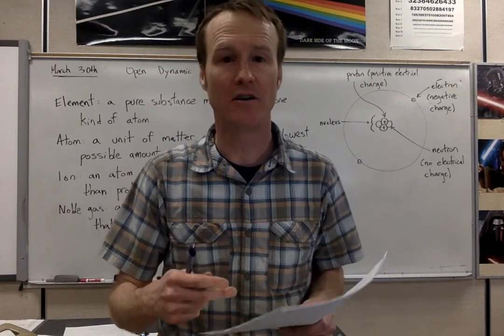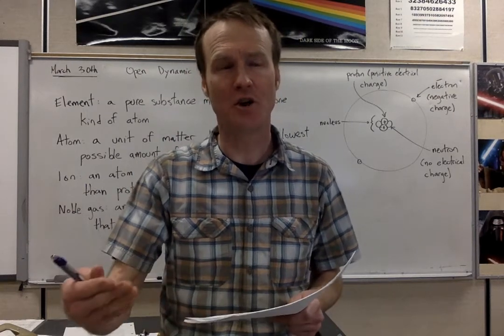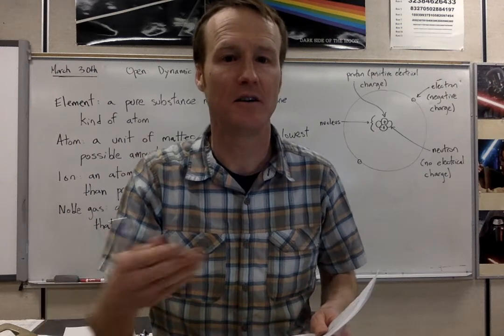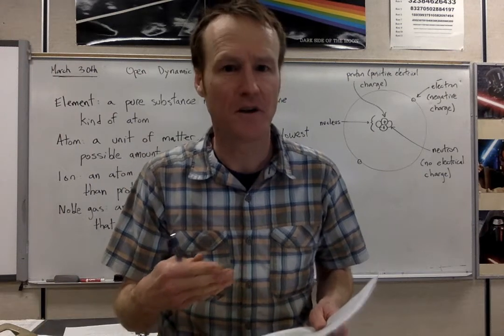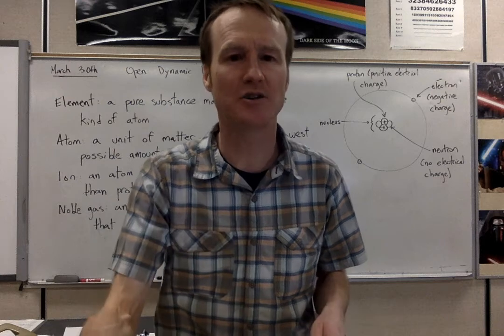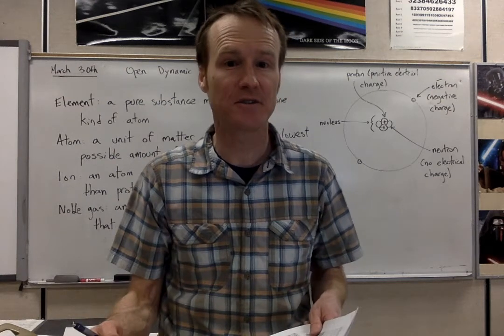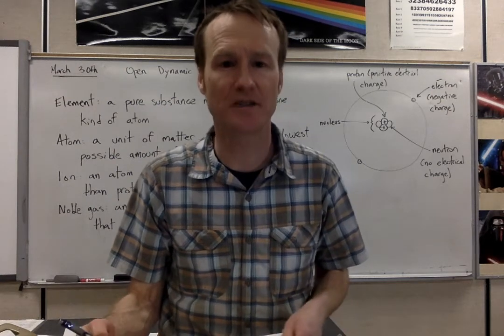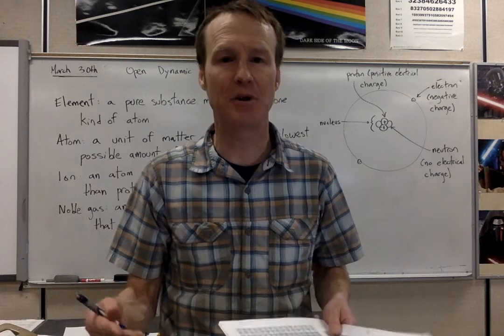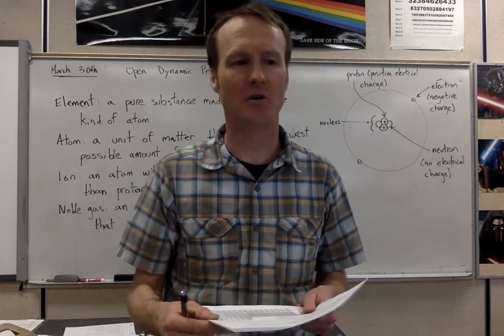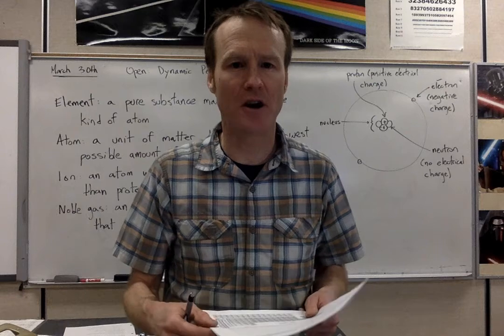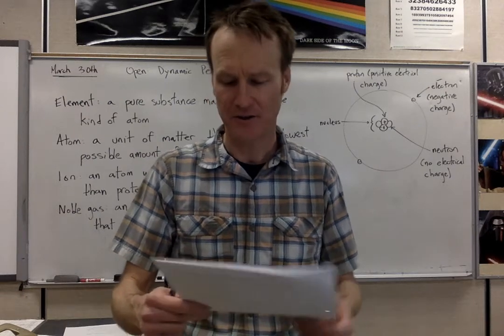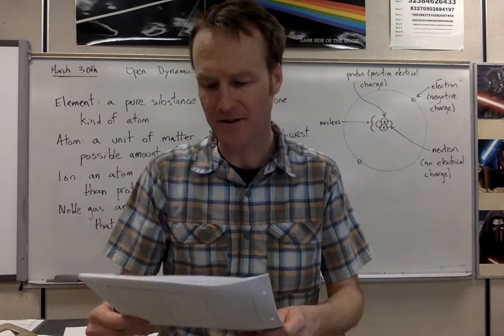Their shells are full. They don't need to have any other electrons given to them. They don't donate electrons to other elements, with some rare exceptions. They're chemically stable. So as a result of that, they're not involved in chemical reactions. So those are the noble gases.